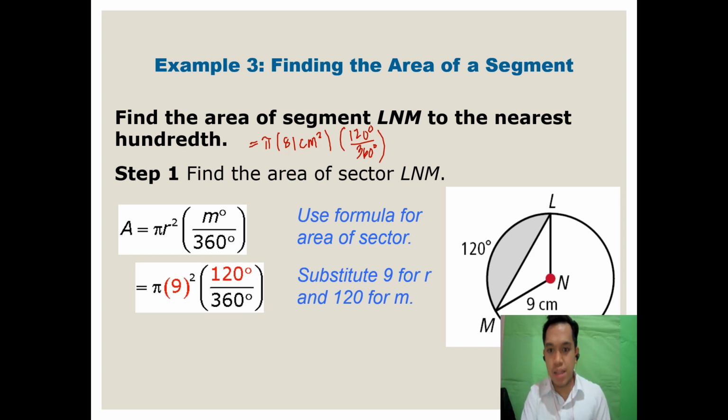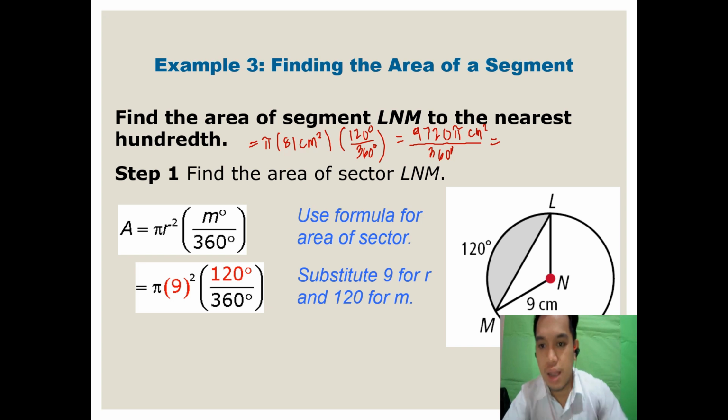So, i-multiply na natin yan, class. 81 times 120 is 9,720 pi cm squared over 360 degrees.